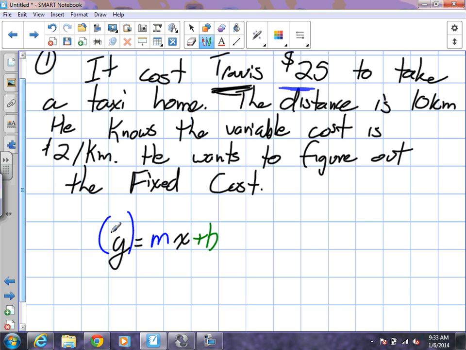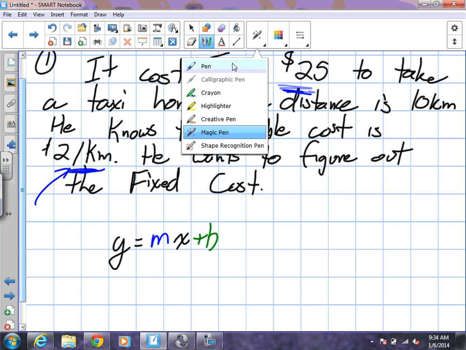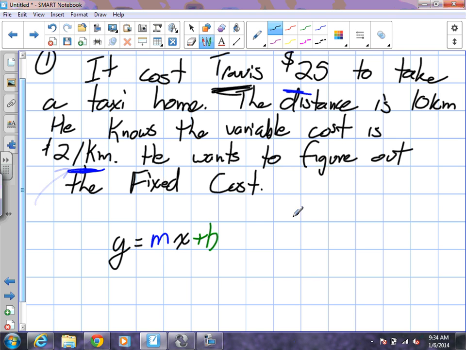Depending on how far we drive, our cost increases. So our independent is our distance, and our dependent is our cost. Remember, independent is always our x, and our y is always our dependent variable.